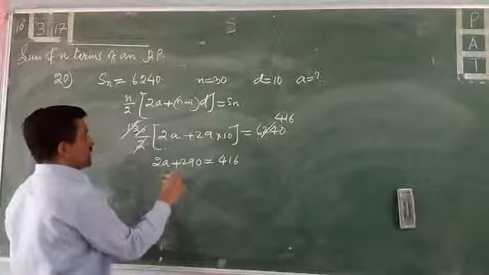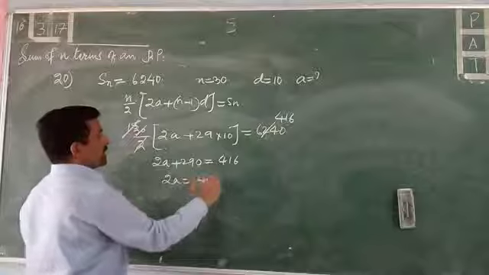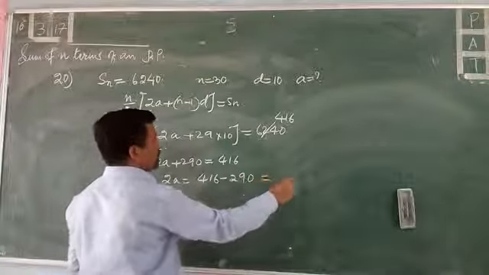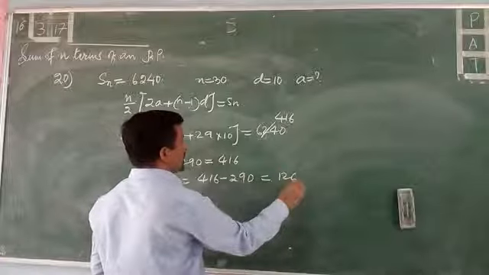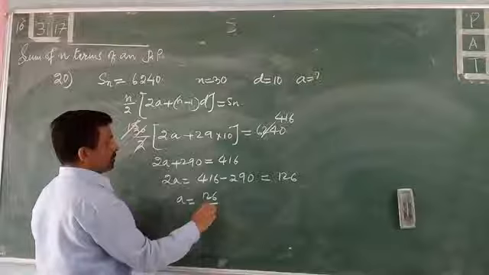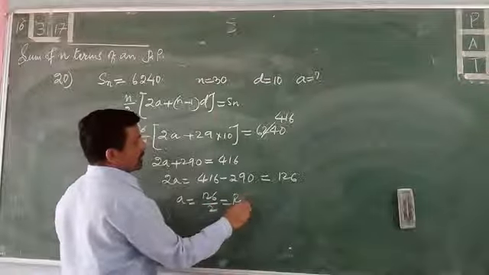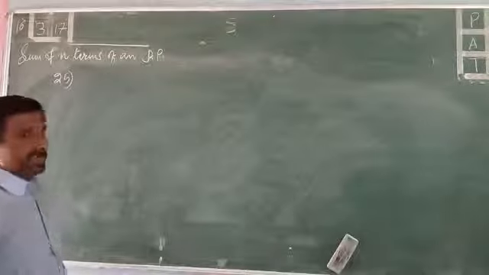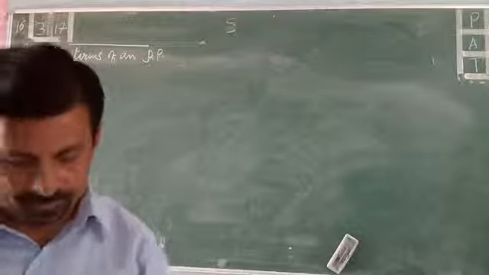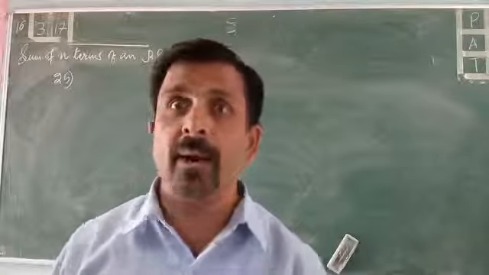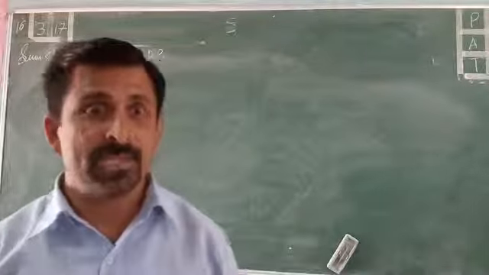So 2a is equal to 416 minus 290, which is 126. And therefore A, the first installment, is 63.